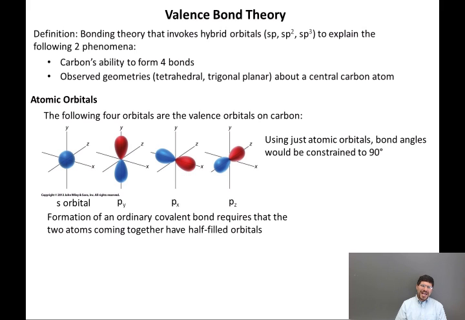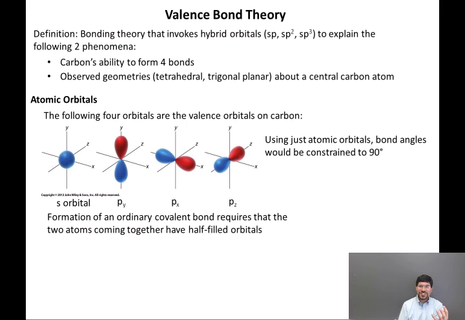Okay, but secondly, the formation of an ordinary covalent bond, the classical general chemistry covalent bond, requires that the 2 atoms coming together have half-filled orbitals. Why is that? A covalent bond means that you are sharing a pair of electrons. One atom contributes an electron, the other atom contributes an electron, they come together, form a bond, and those 2 electrons are shared between the 2 atoms.